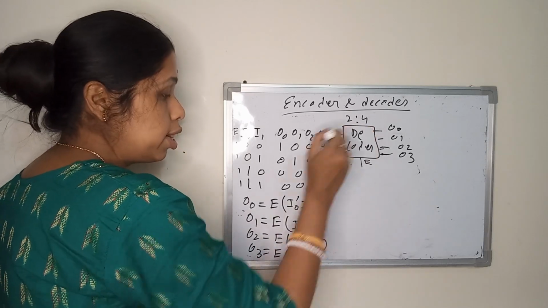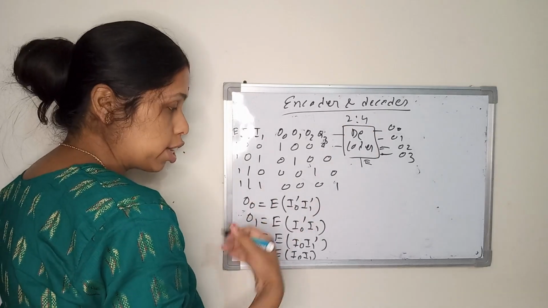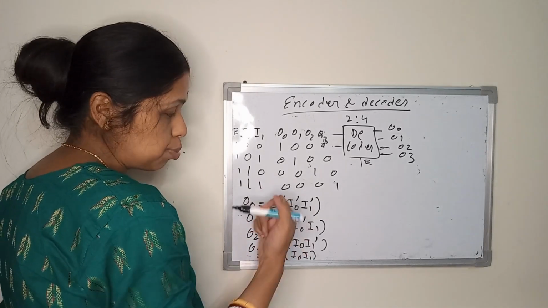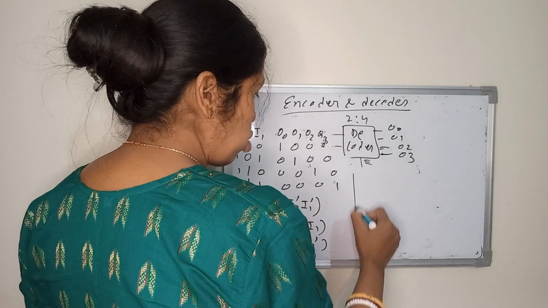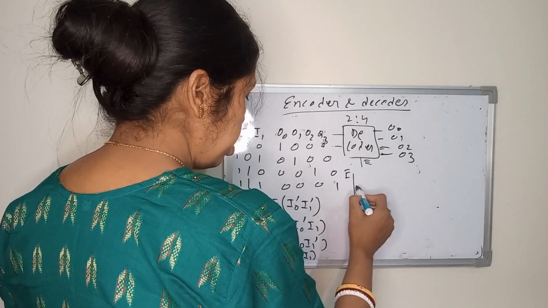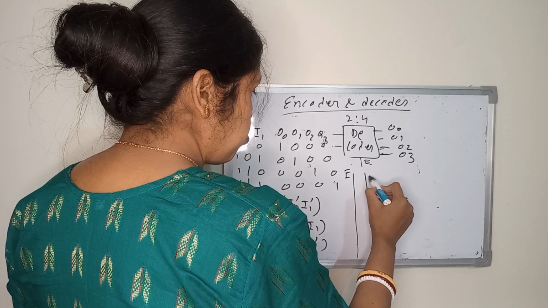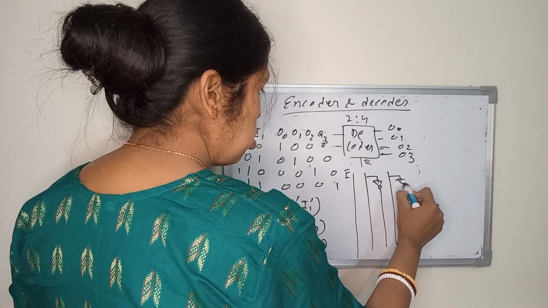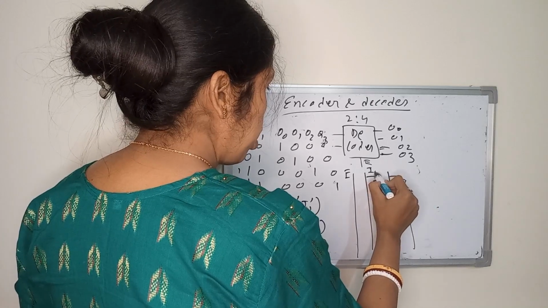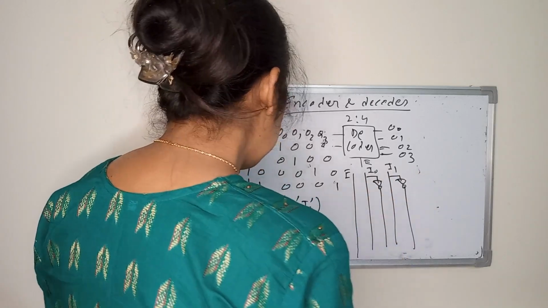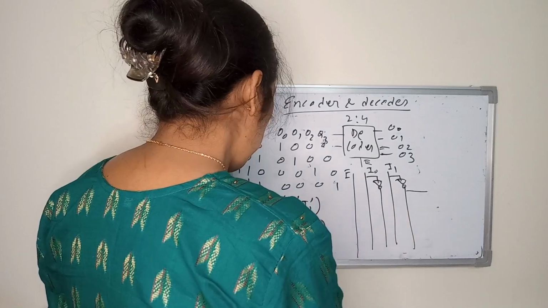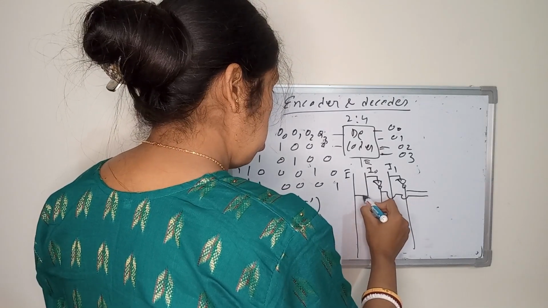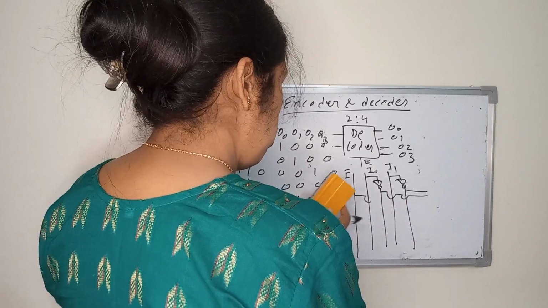Now inside the decoder you have the logic gates. From these logical expressions for O0, O1, O2, O3 you can draw the logic gates. I am drawing for only one E. I0, I1. First, for getting O0, let me put E here.